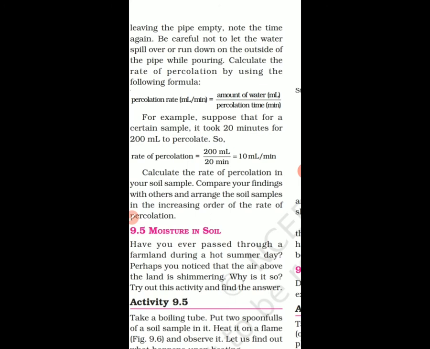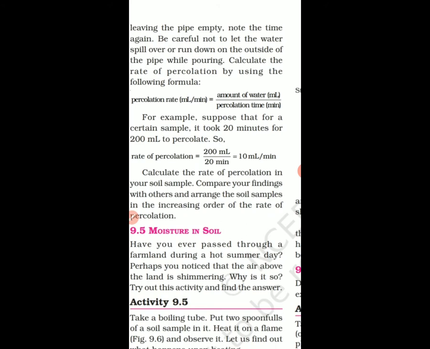Then what is the formula for percolation rate? Milliliter per minute. That is the amount of water upon the time taken, that is percolation time.